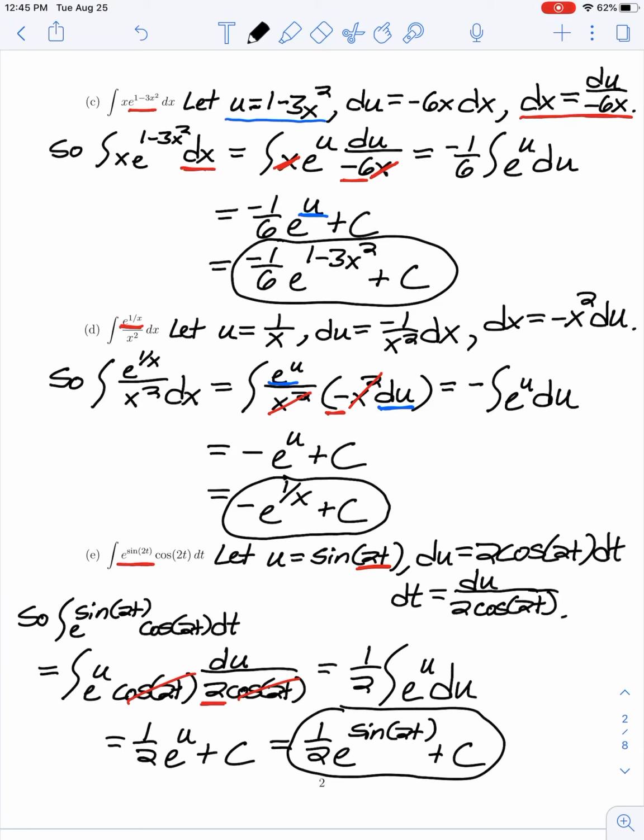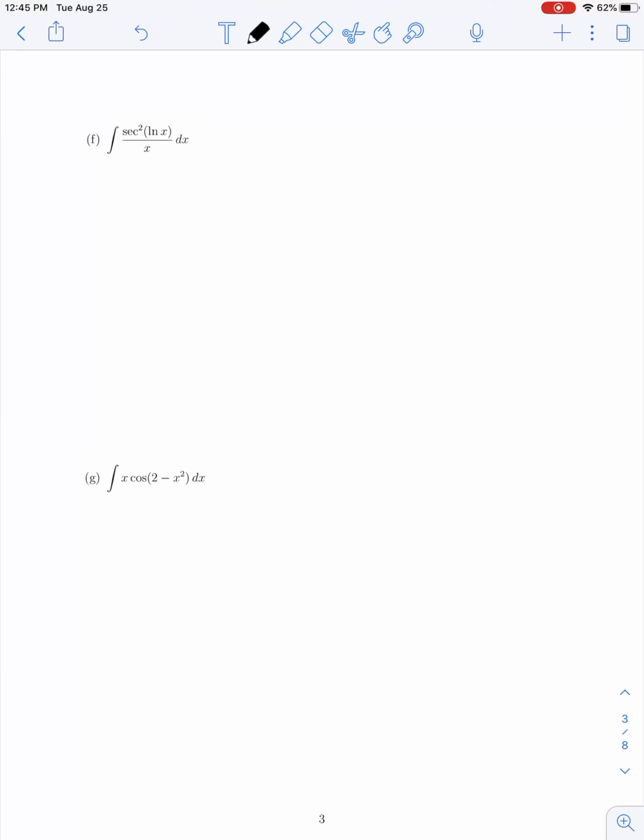And then by making our substitution, we get hopefully an integral which is easier to handle than the one we started with. So let's look at some other examples. Here in part F, we have the integral of secant squared of natural log x over x dx.